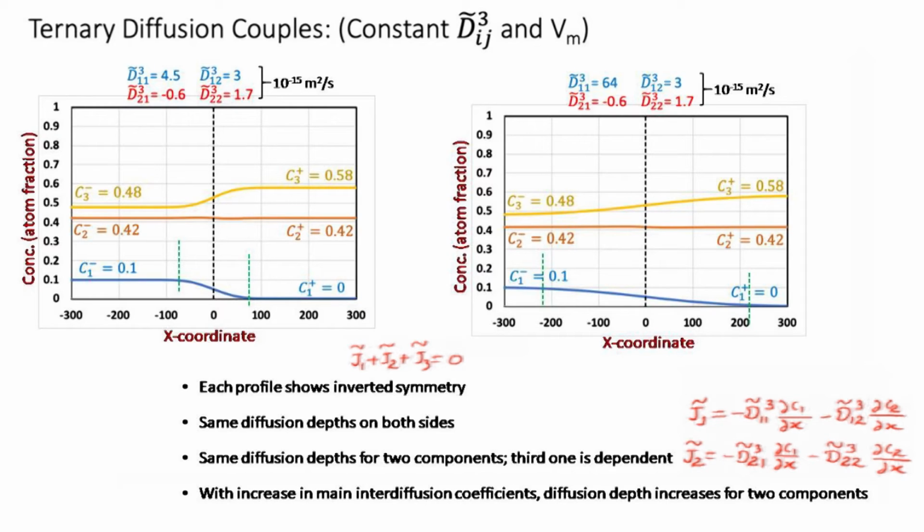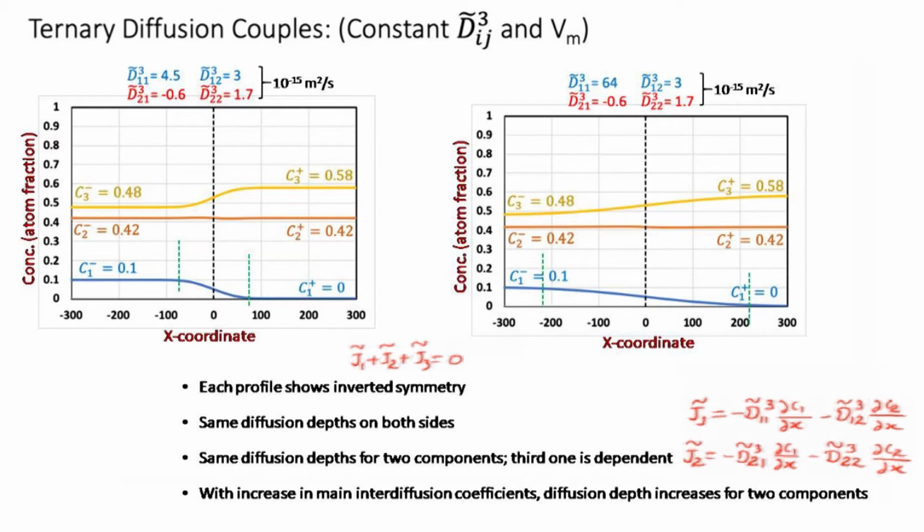In the first couple, where D11 tilde 3 was 4.5 times 10 to the power minus 15 meter square per second, the diffusion depth was about minus 72 plus 70, about 140 micron. In the second couple, where D11 tilde 3 is 6.4 times 10 to the power minus 14 meter square per second, the diffusion depth is about minus 232 plus 230, about 460 microns.